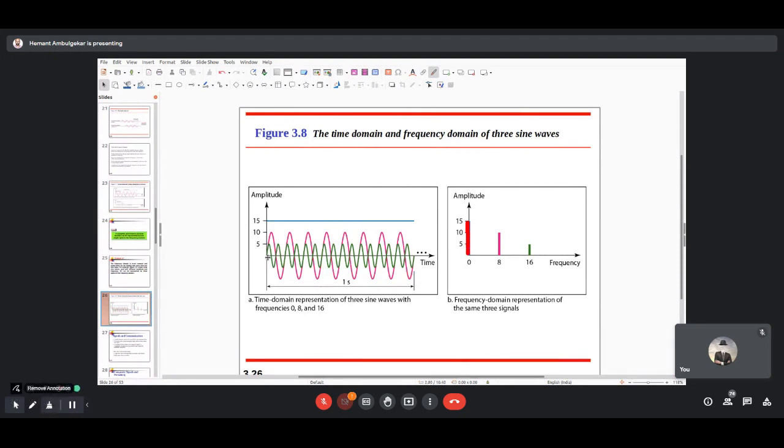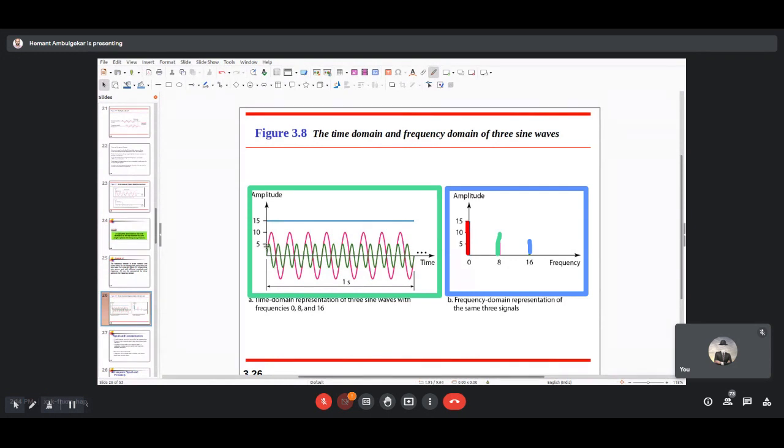Which sine wave has frequency 8? Pink, right? Look here. How many cycles are there? 1, 2, 3, 4, 5, 6, 7, and 8. 8 cycles are there. So its frequency is 8.